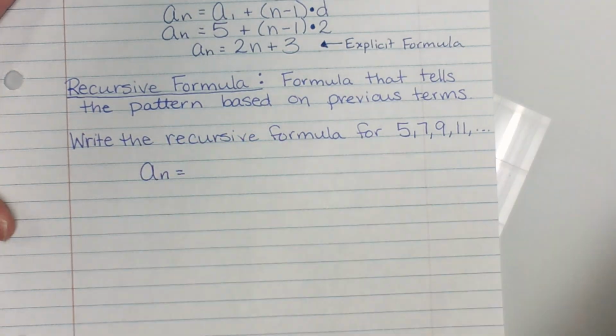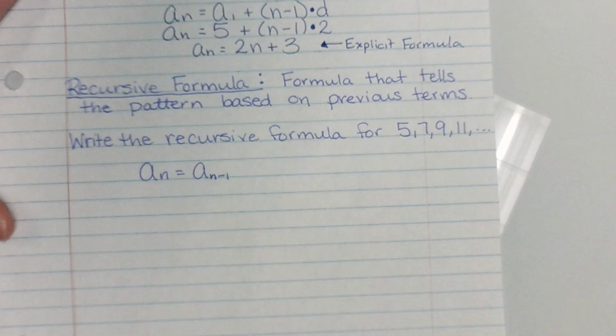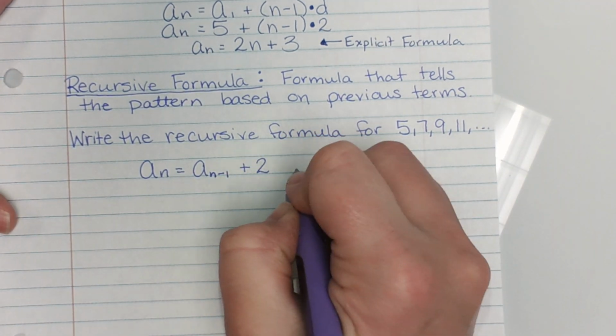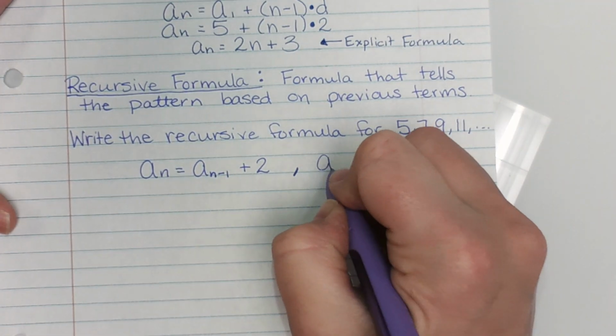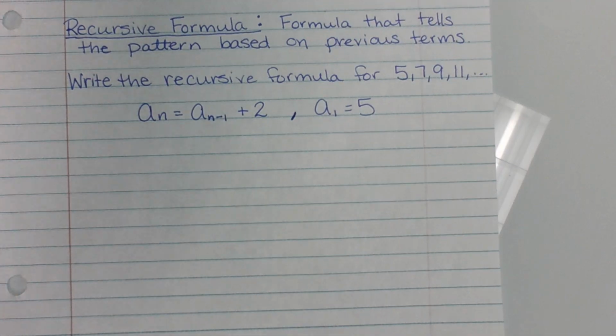A sub n is equal to a sub n minus 1 plus 2, and then it would also tell you a sub 1 is equal to 5. This is what a recursive formula looks like.